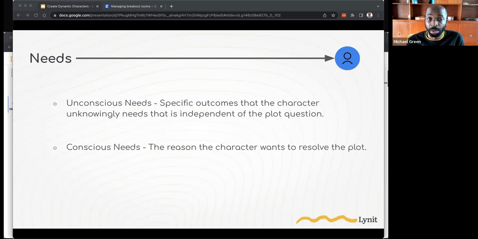Even if, in a cop drama, the cop knows that they need to get a partner and work on it and learn to trust someone, that pulls it into a conscious need, right? And that can become part of the plot. And they can still have another unconscious need. So I would say, especially for main characters, they always have an unconscious need.